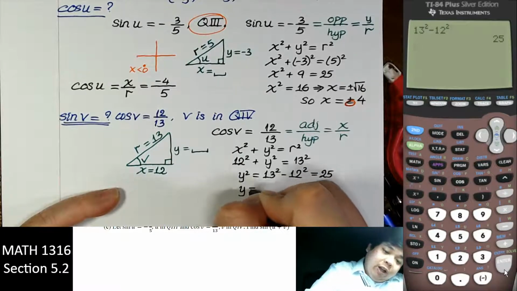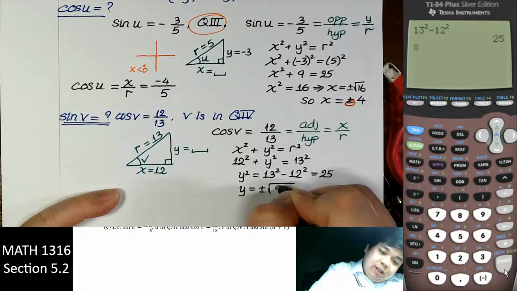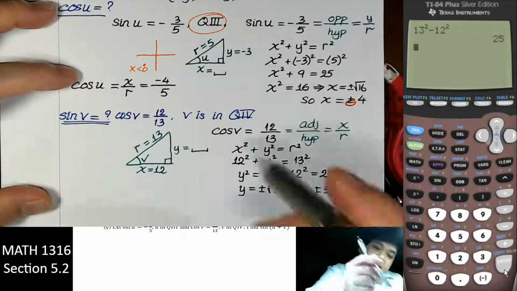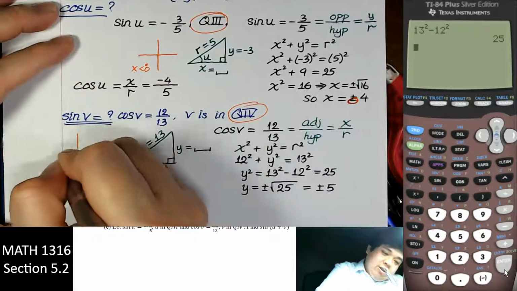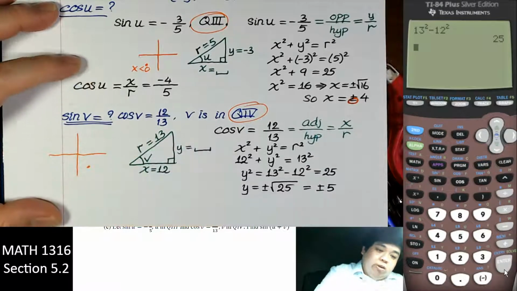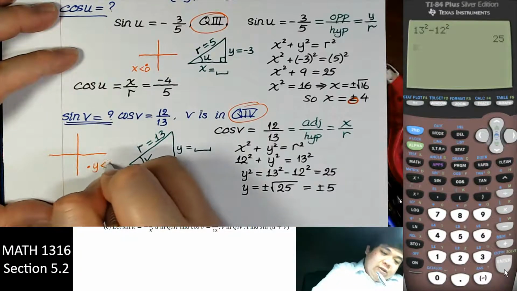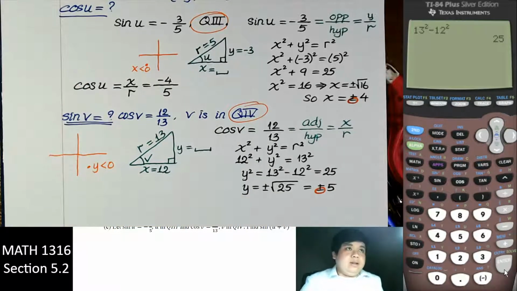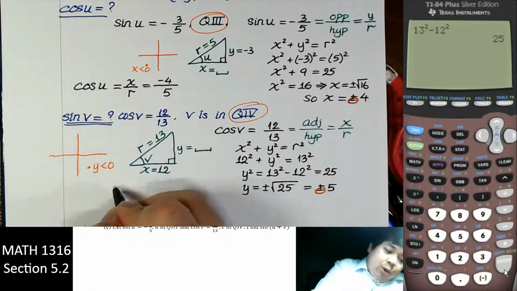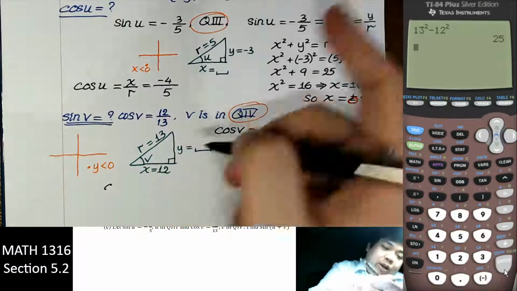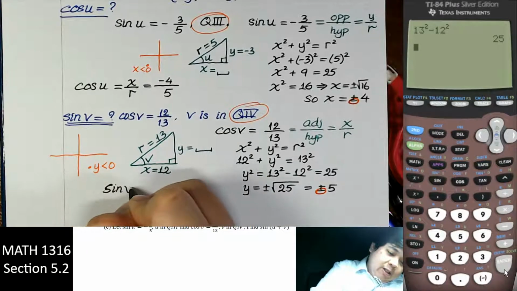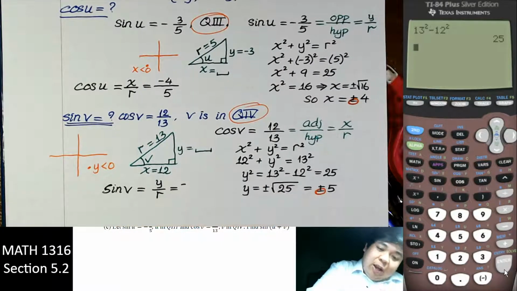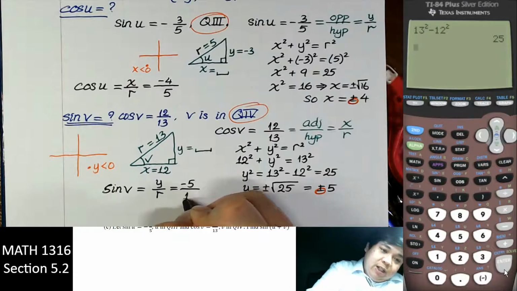And then we solve for y, which is plus or minus square root of 25, or plus or minus 5. Next, this is in quadrant 4. In quadrant 4, y is negative. So we again stick with the negative sign. So cosine is given, we can find sine, which is y over r, negative 5 over 13.